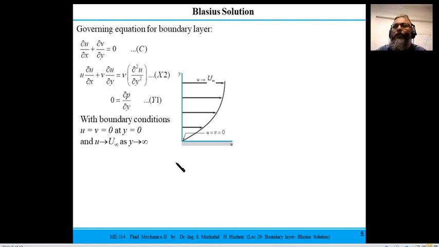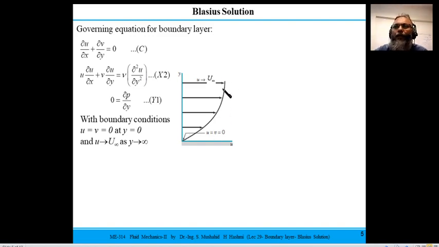The first and prime boundary condition is at the wall, which we call the no slip boundary condition. So velocity components u and v would be 0 when y is 0. Once you are at the wall, there is no motion of the fluid layer.